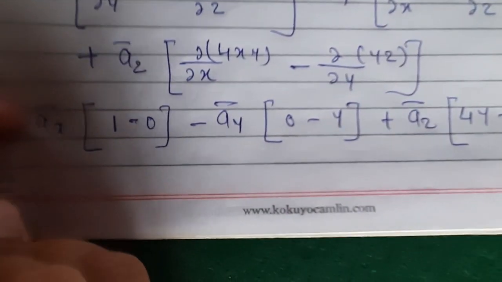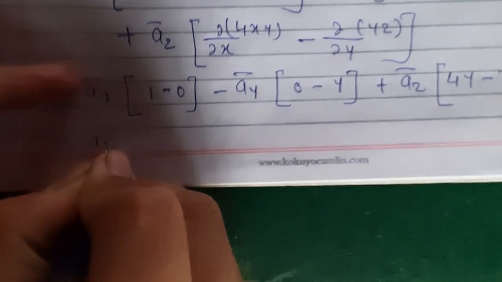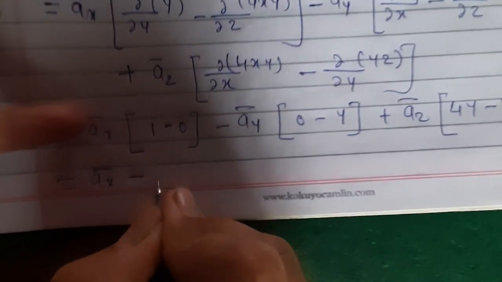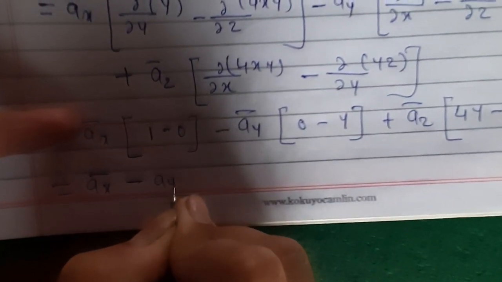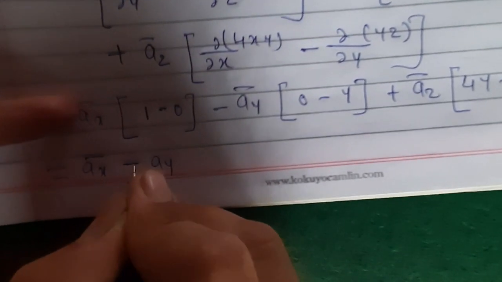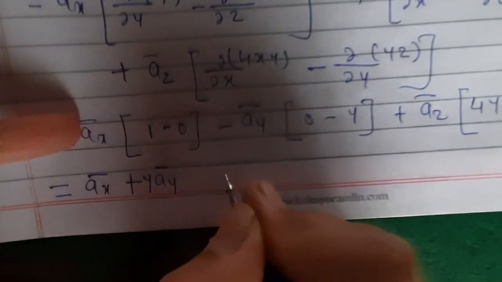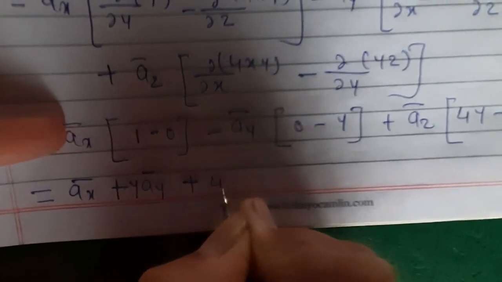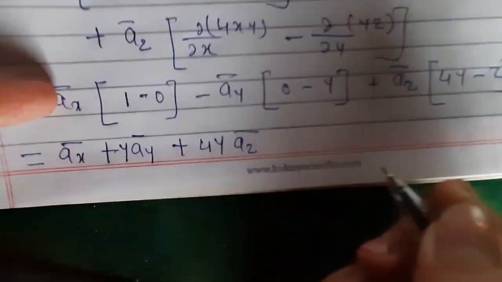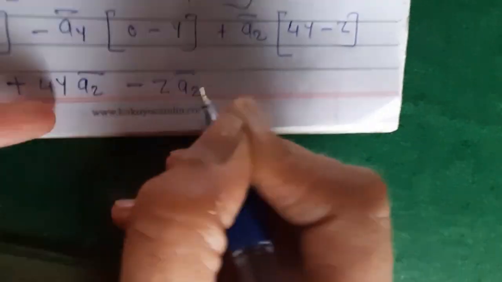So we solve this. ax bar minus y into ay bar, minus minus plus, next is plus 4y az bar minus z az bar.